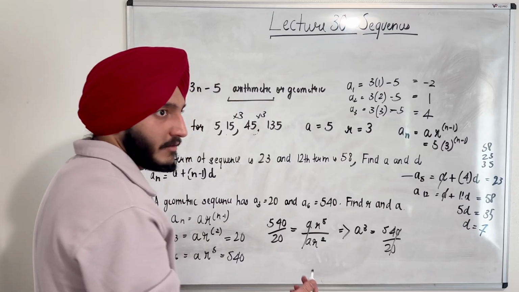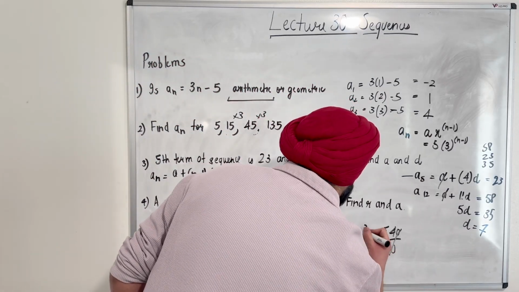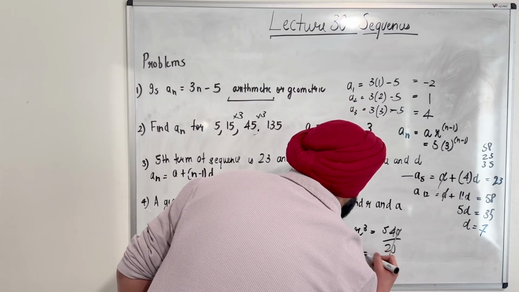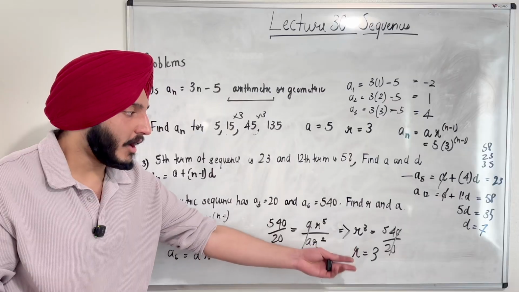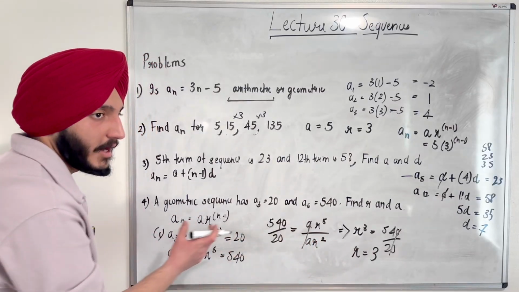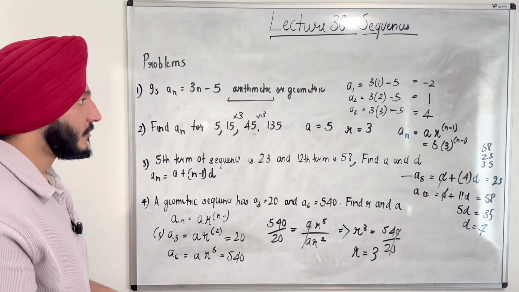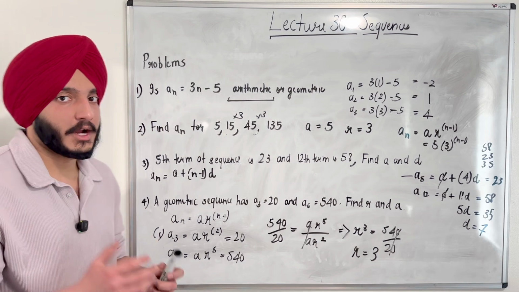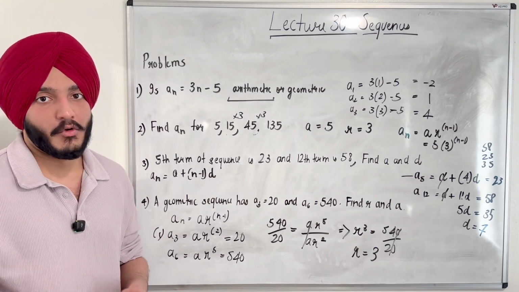Now, if you calculate this, this gives r is equal to 3 in this case. Now that we have found r, substituting this back into the equation, you can find the value of a as well, right? So that's pretty much it for this lecture. I hope you were able to understand everything about sequences, and we will move on in the next one.